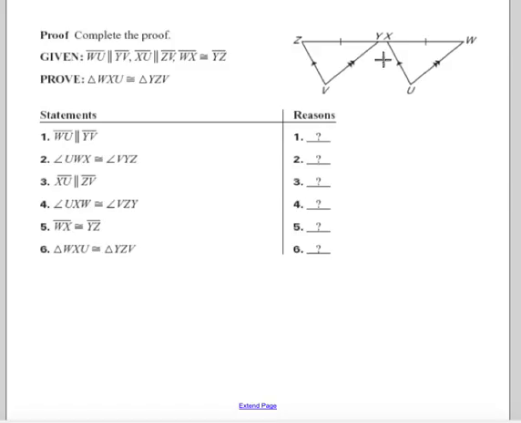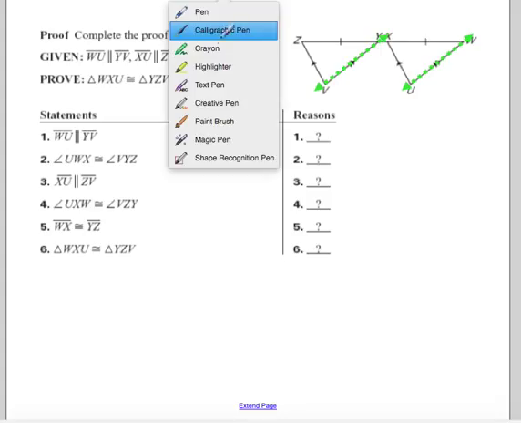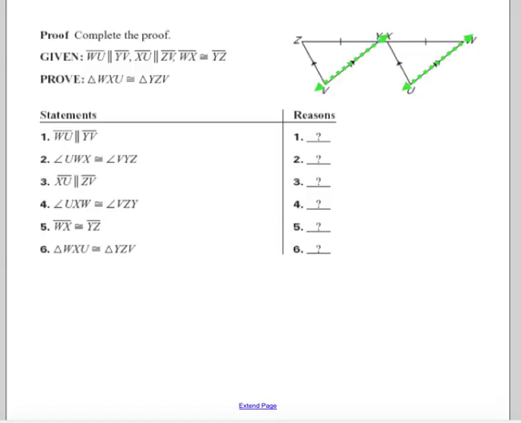So I'm going to highlight the parallel lines that I'm using here. WU and YV are the first ones that we're using in this proof, so those are right here. And the transversal that touches them goes along right here. So the way that these lines are showing is going to lead me to some congruent angles.